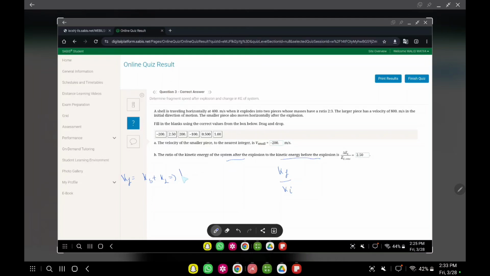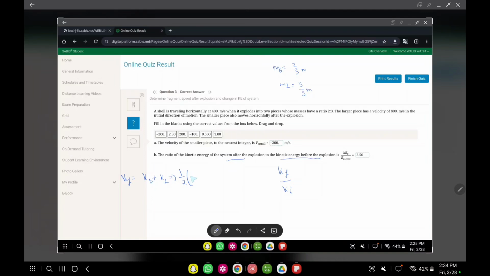So it's going to be half times... we don't know the masses, so we're just going to replace it in terms of m. Remember we said the mass of the small shell was 2/5 m, the mass of the large shell is 3/5 m.